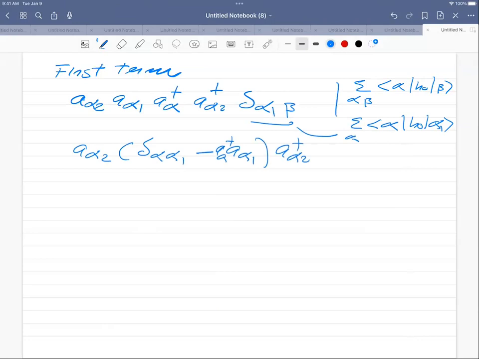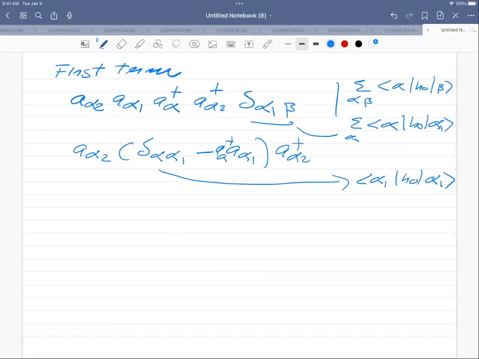So if you now look at the term which we have, this Kronecker delta is now going to take away the sum here so that we actually have ⟨α1|H0|α1⟩.